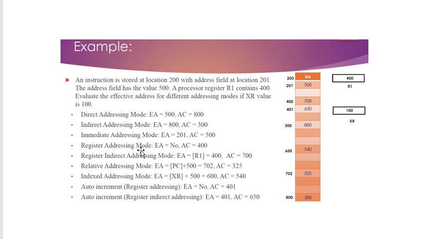Yeah. Now, the next one says register indirect. It means go to the register, right? The register will point you to the address, and that address will point you to the content, which is the address of the operand. So it is like indirect addressing mode.